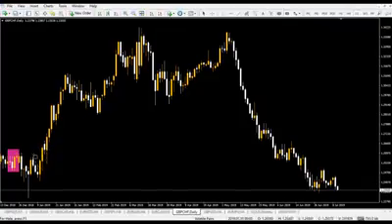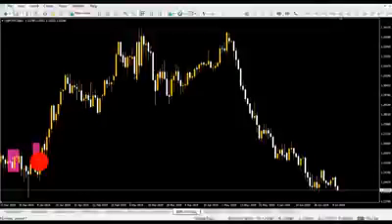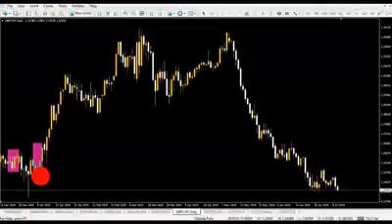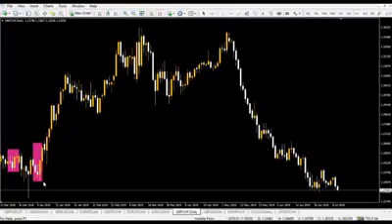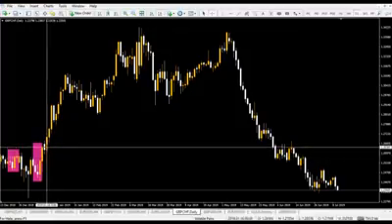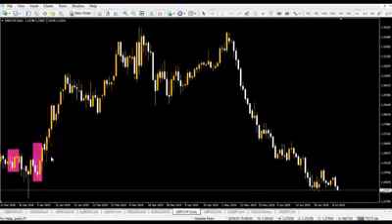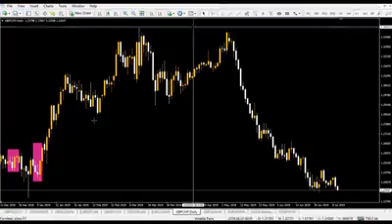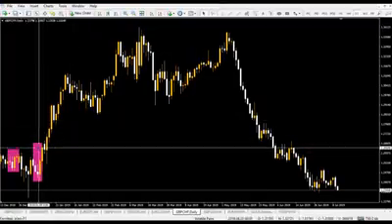Let's highlight this. Okay, so again we've got 1, 2 bearish next to 1, 2 bullish. We would have jumped into this one, all right, and experienced a little bit of a drawdown.